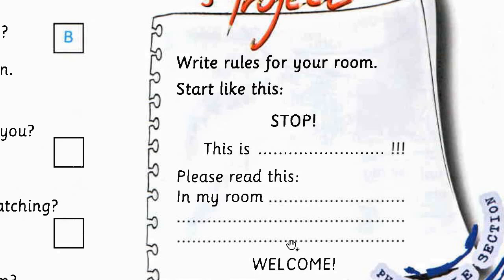You can eat or drink, but you can't cook. So here you're supposed to form sentences with can and can't, and then complete this in your notebook.